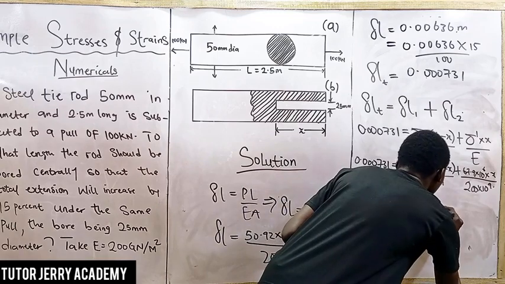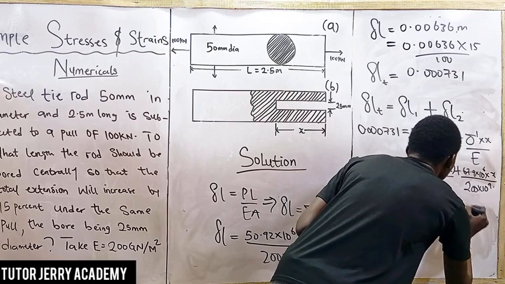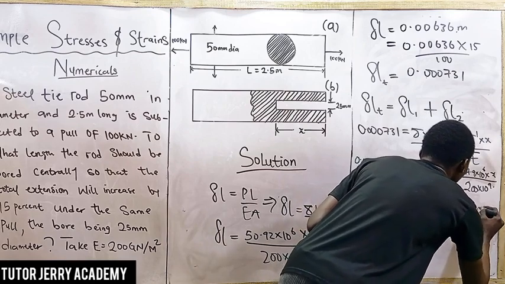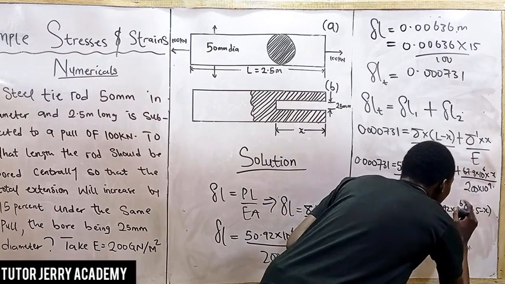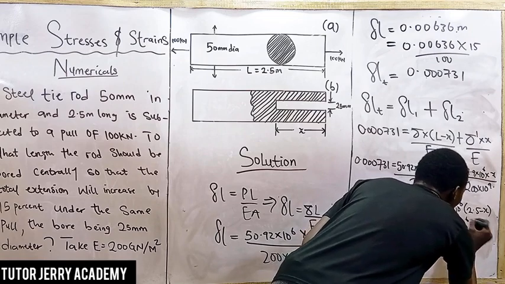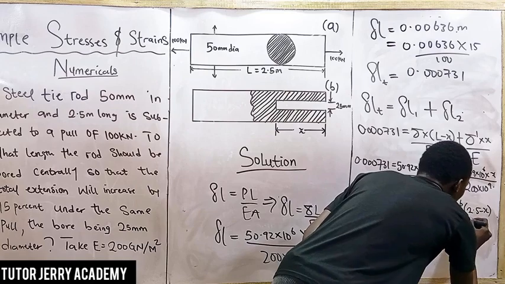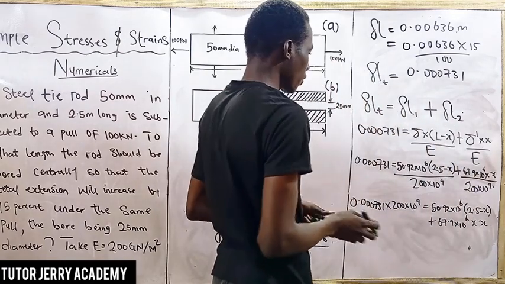So we have 50.92 times 10 to the power of 6 into (2.5 minus x) plus 67.9 times 10 to the power of 6 times x. So this is what we have.